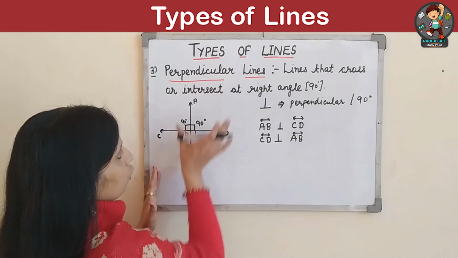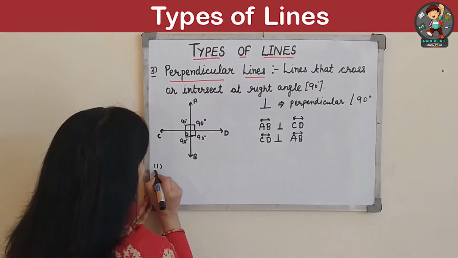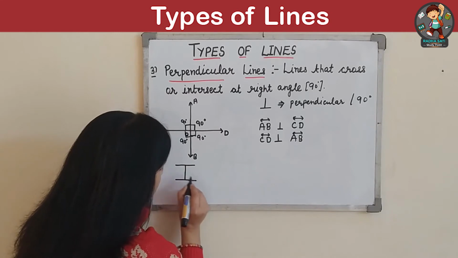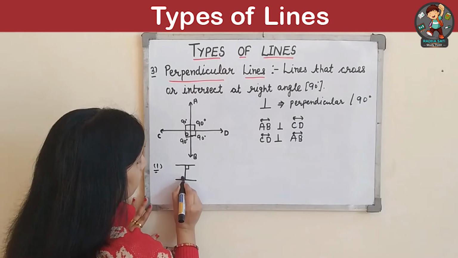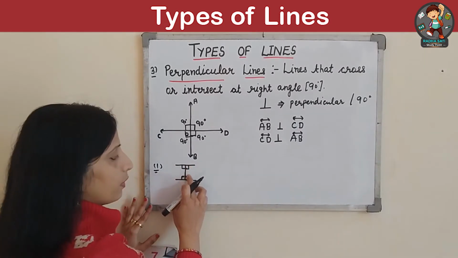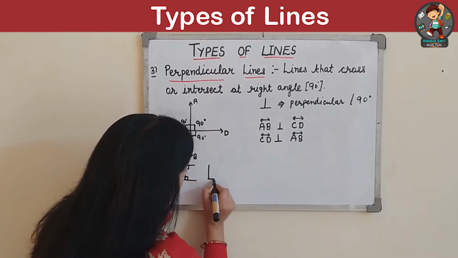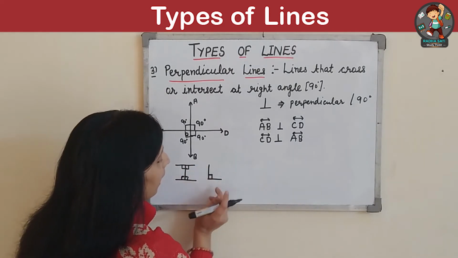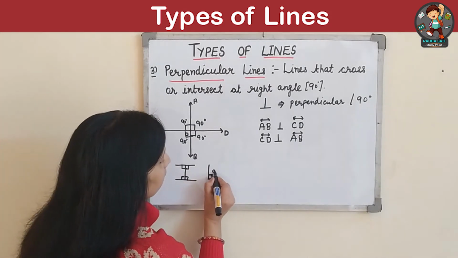So the examples of perpendicular lines are, you can see in some alphabets, like alphabet I. Here also the angle of 90 degree is getting formed. Here also. So these are also an example of perpendicular lines. Or you can see in alphabet L. So 90 degree angle is getting formed by this vertical line and horizontal line.